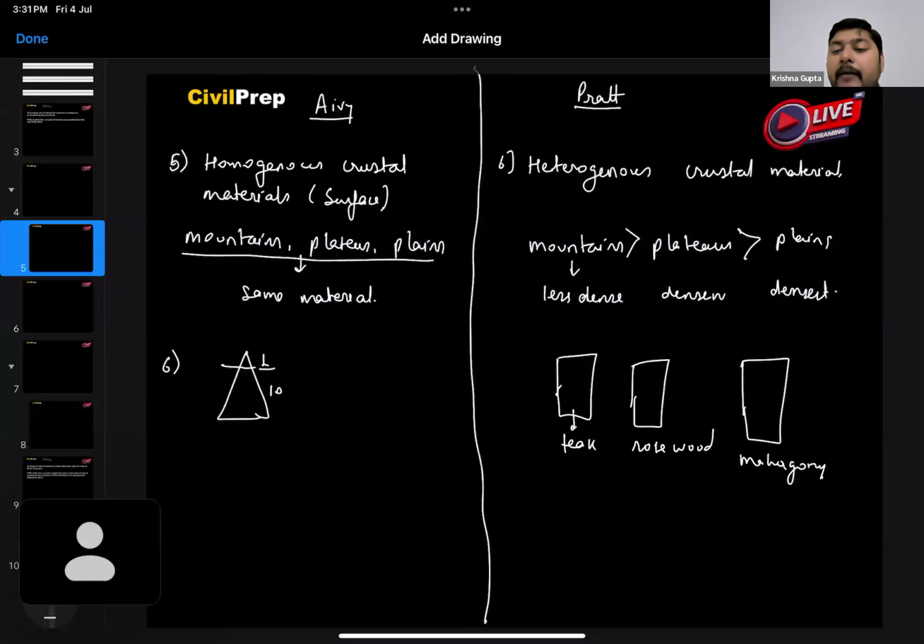So here the teak is denser, but the densest is mahogany, which has the highest density. Then rosewood, then teak. Then if we go for other trees like shisham or babool, these trees have low density. So therefore, they were able to separate their concepts with respect to the formation of isostasy.